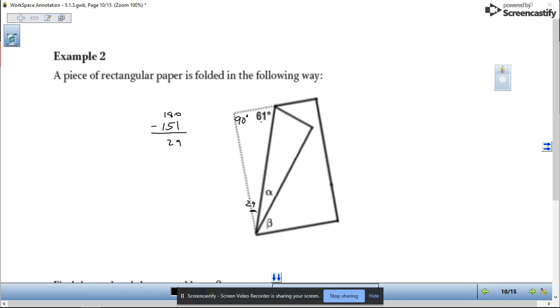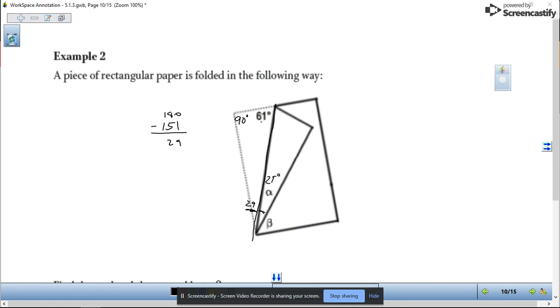Now the trick is this alpha symbol right here. It was folded over this line, right? Which means that this angle here and this angle here have to be the same thing because it's the same width of paper, right, when it's folded. So that means that this is also 29.